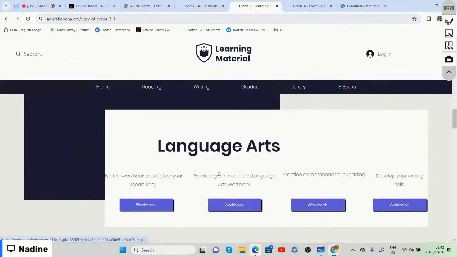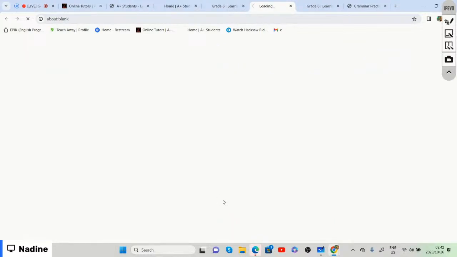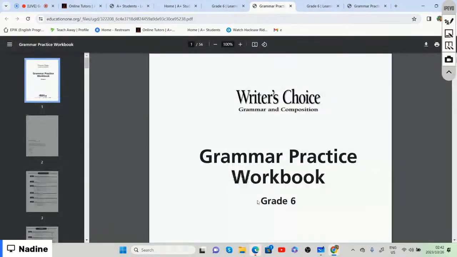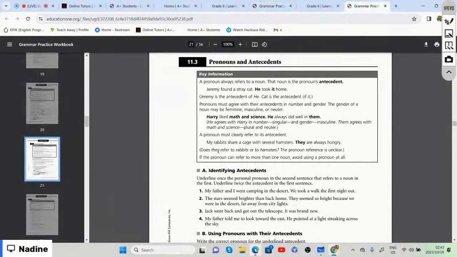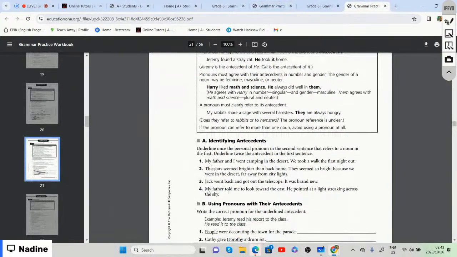We are going to select practice grammar in the language arts book, so we select the second workbook, which is practice grammar in the language arts workbook. And then we scroll down until we get to page 17.